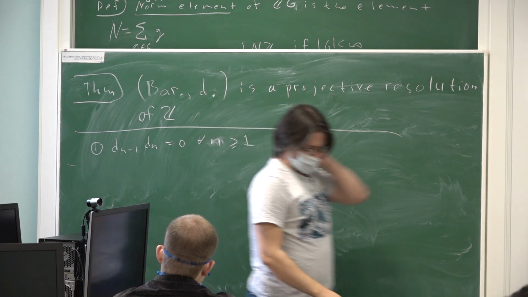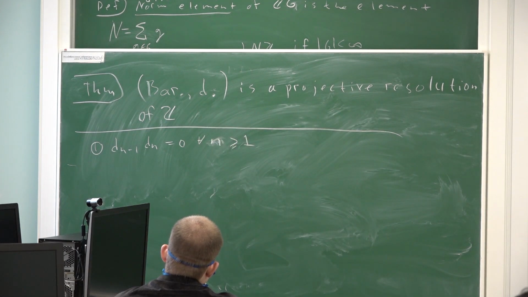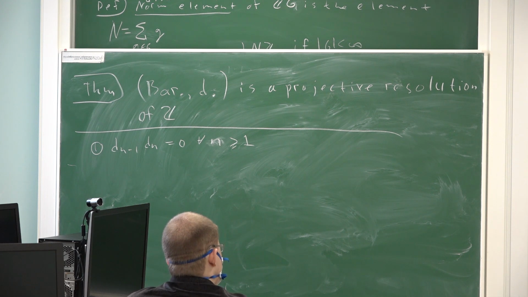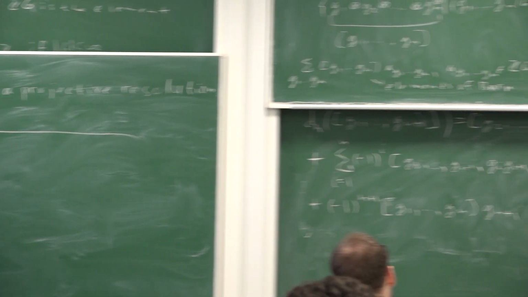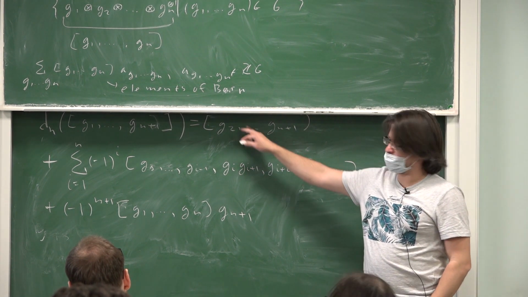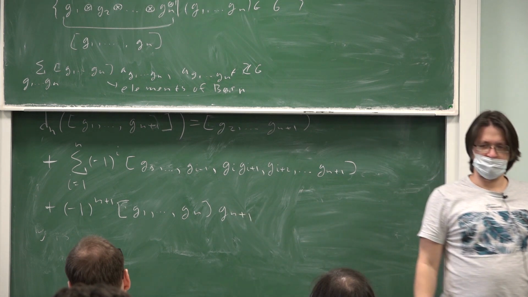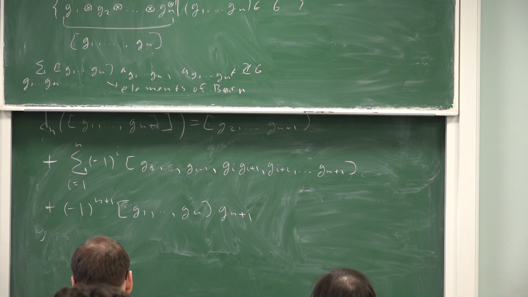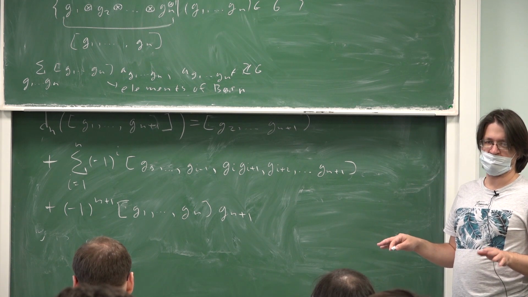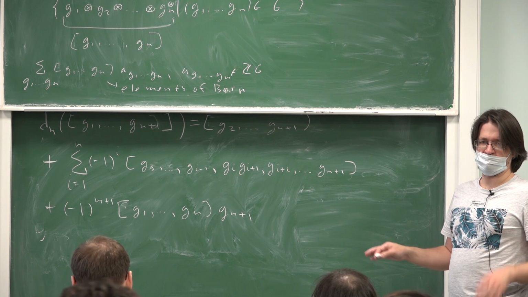Well, it is quite technical, but not very difficult. If you apply d(n minus 1) to this expression, all terms you will get 2 times, each one time with one sign, another time with another sign, and they will cancel.